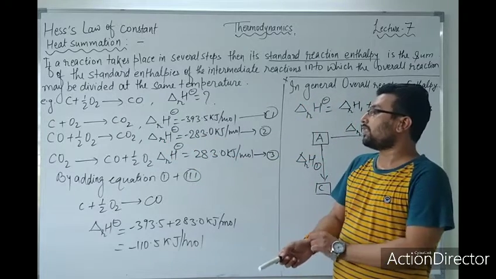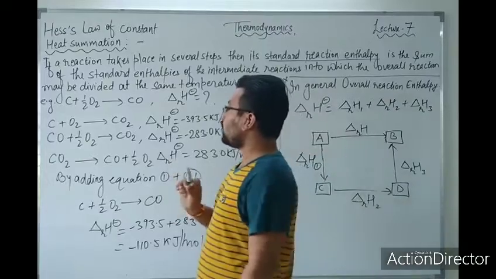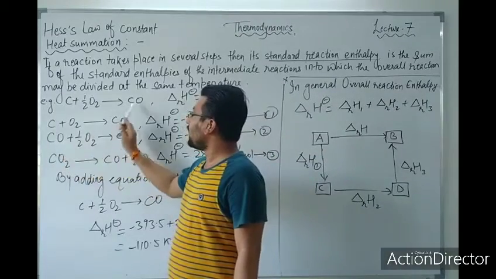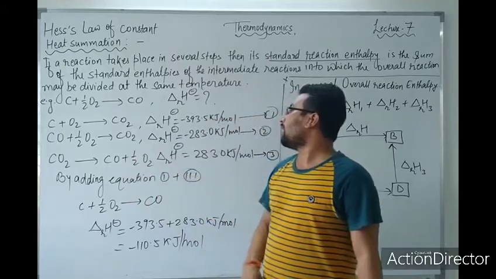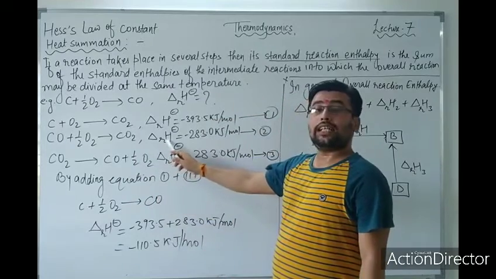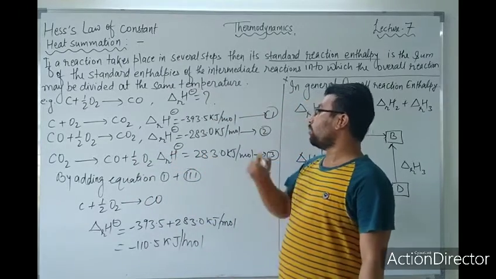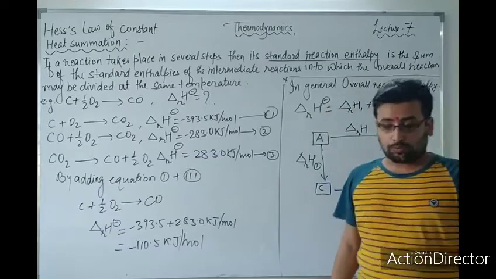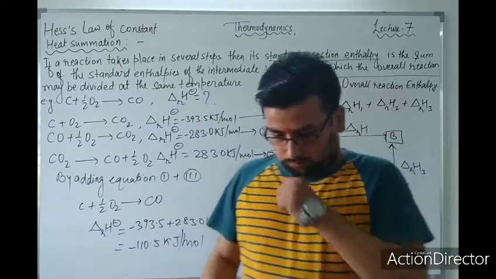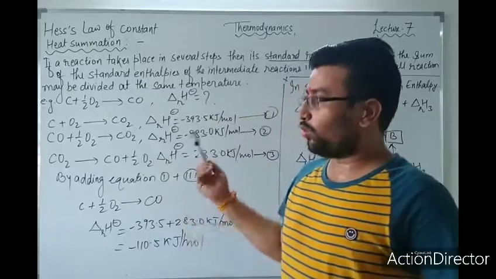And the second step: carbon monoxide plus half oxygen also gives carbon dioxide, and here the enthalpy of reaction is minus 283 kilojoule per mole. Now the question is, sir, how have you found this?